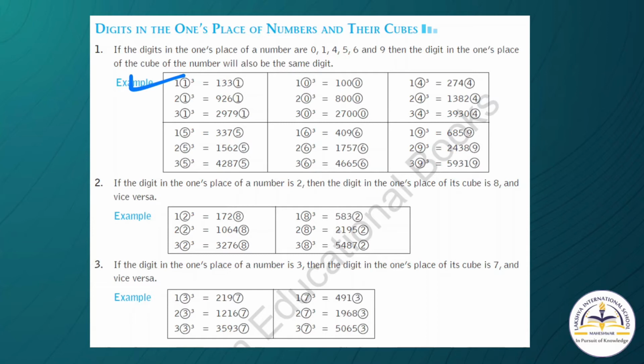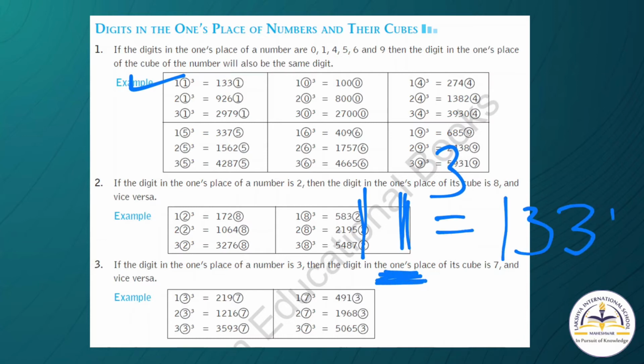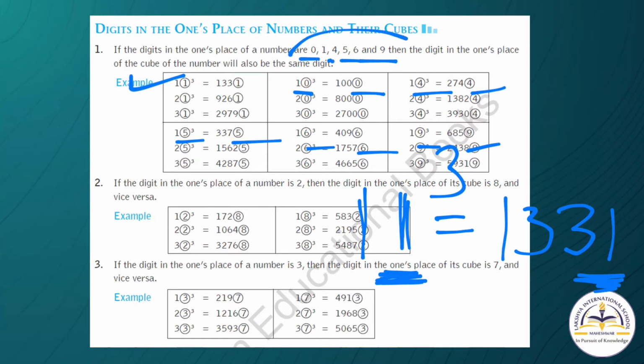You can see 11 has 1 at the ones place, and here also there is 1 at the ones place. In the same manner 0, 0, 4, 4, 5, 5, 6, 6, 9, 9. For 1, 4, 5, 6, 9 you get the same digit.